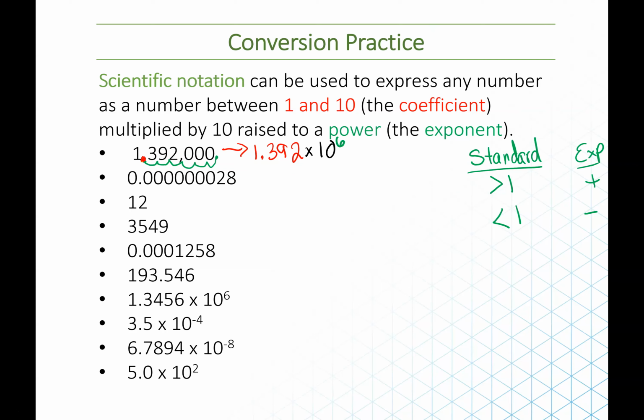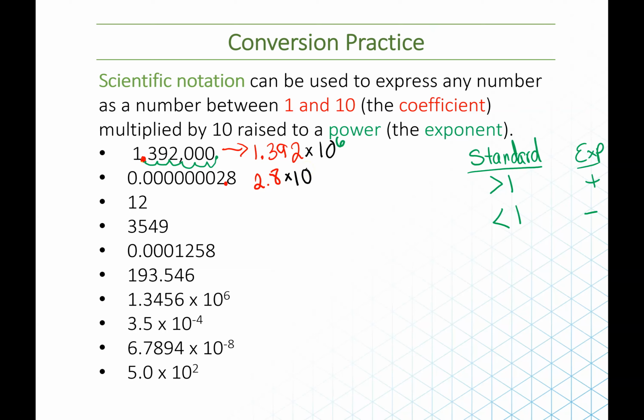We need to make a number between 1 and 10. We have 0.00000028. To make this a number between 1 and 10, we're going to put the decimal right here. Our number between 1 and 10 becomes 2.8. We can leave all those zeros off because they are not significant zeros. Those are leading zeros.